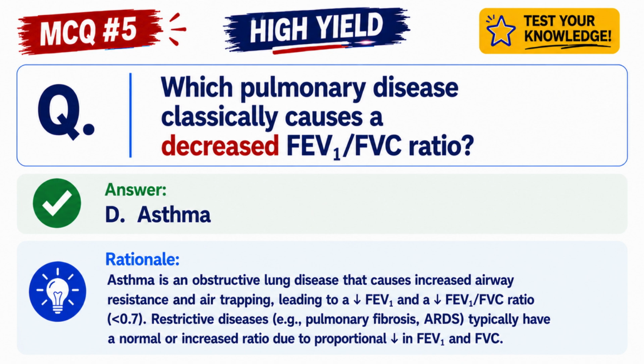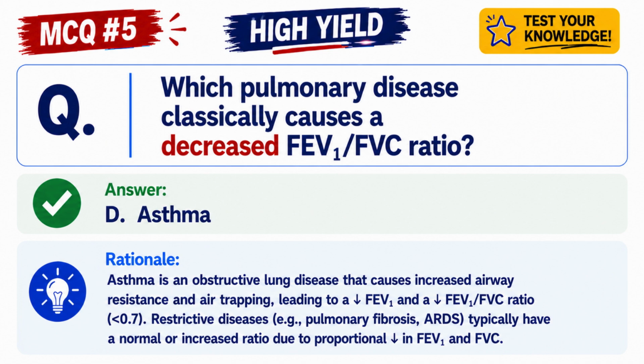And critically for anesthesia boards, asthma is the prototype of reversible obstruction. After bronchodilator administration, albuterol, ipratropium, FEV1 and FEV1 over FVC improve significantly.